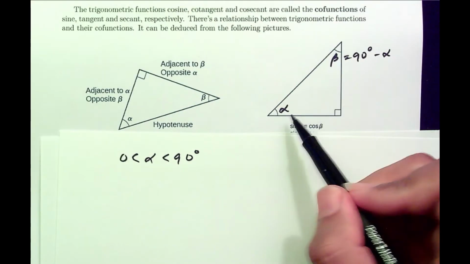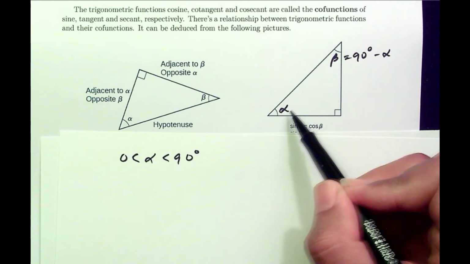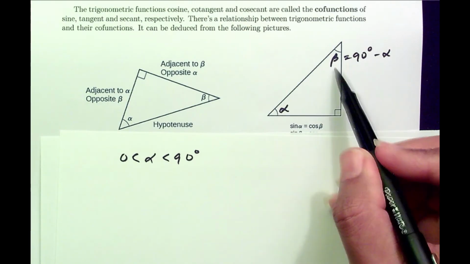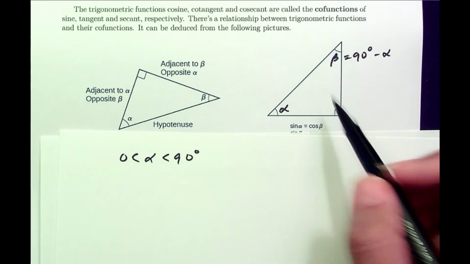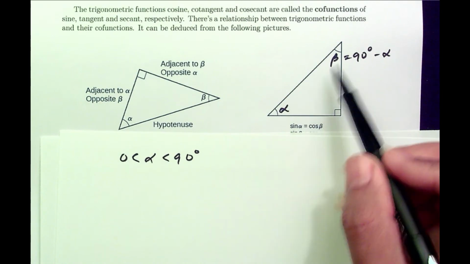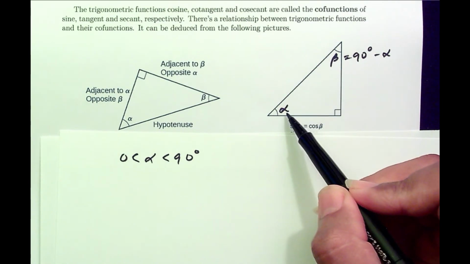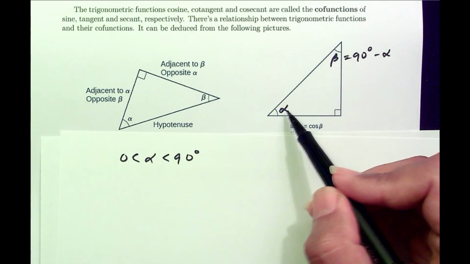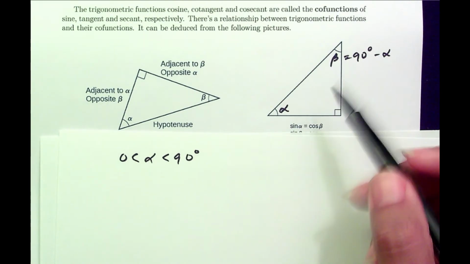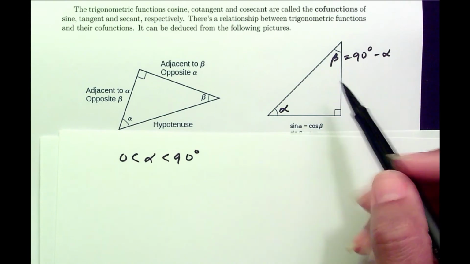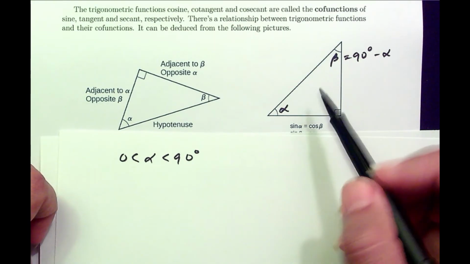So for example, if this was 20, we would know that this has to be 70 because they both add up to 90. If this was 10, it would be 80. If this was 15, it would be 75, and so on. So if this is alpha, this would be 90 minus alpha. They're complementary angles. Okay, so now let's apply SOHCAHTOA to both angles.